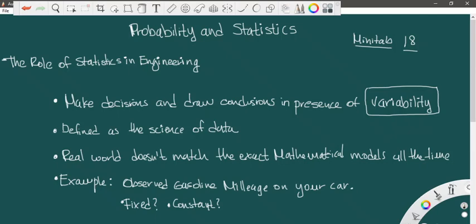This is probability statistics. So the role of statistics in the engineering field is mostly to make decisions. This is a branch of the applied mathematics.